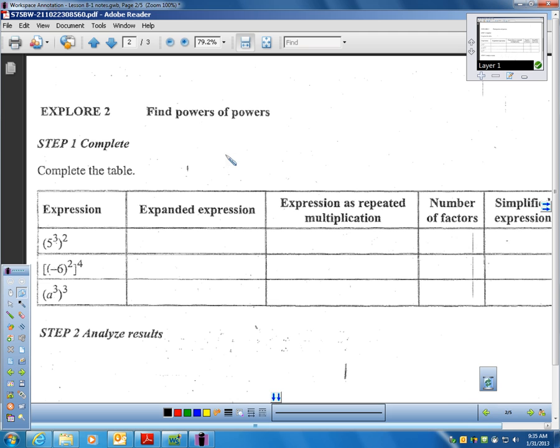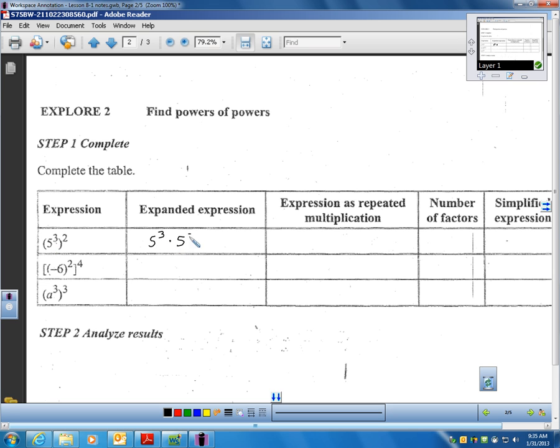The next rule is on the top of page 490. It's called the power of a power property. Okay? So in other words, what do you do when you have some base to a power to a power? You see how I have power to power, power to power, power to power. Well, let's see what actually happens. Remember, second power means I have 2 factors of 5 cubed.